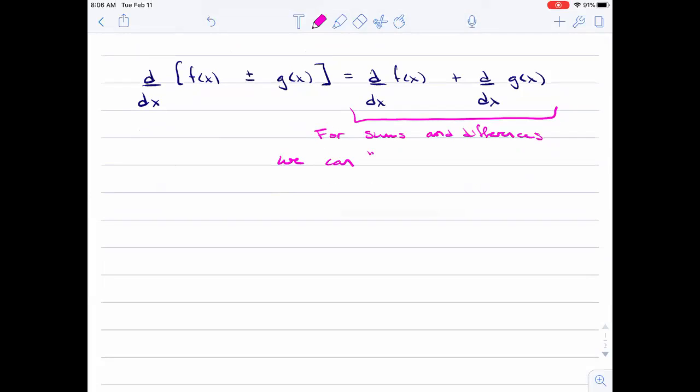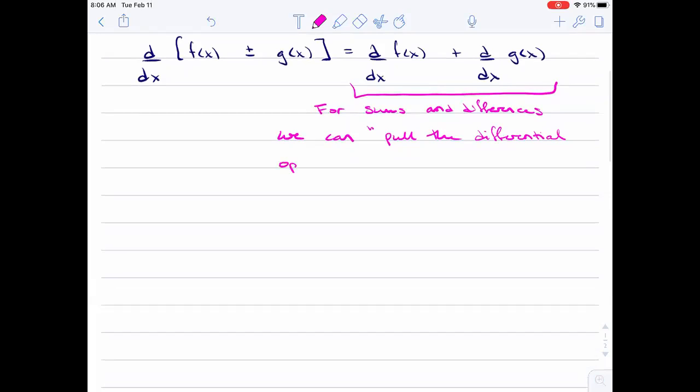We can pull that differential operator inside.